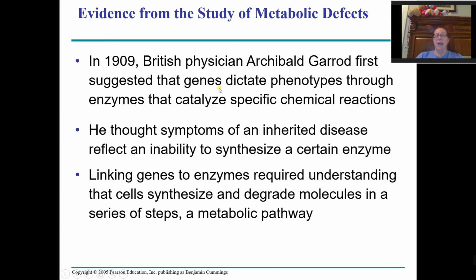But at the same time that Mendel was working on peas in Austria, we have a British physician, Dr. Garrod, who would be the first one to suggest that a gene, and again, in 1909 they didn't know what a gene was made out of, but all this work was coming out about genes and alleles and unit factors, and Morgan was saying that genes were located on chromosomes.